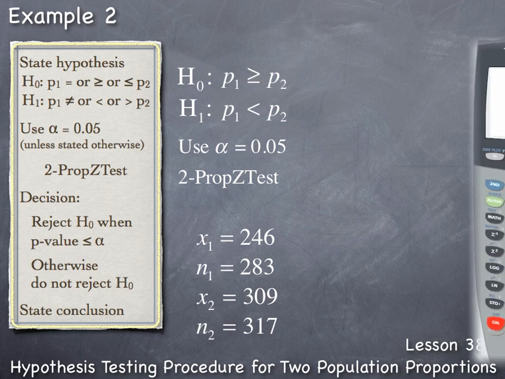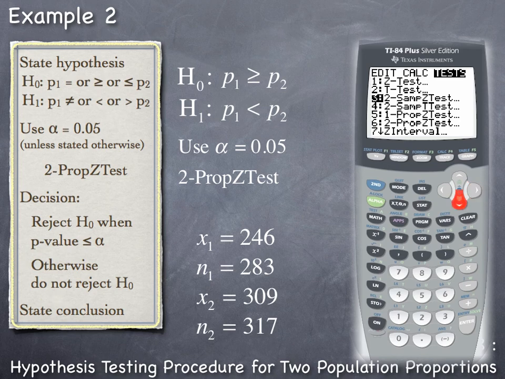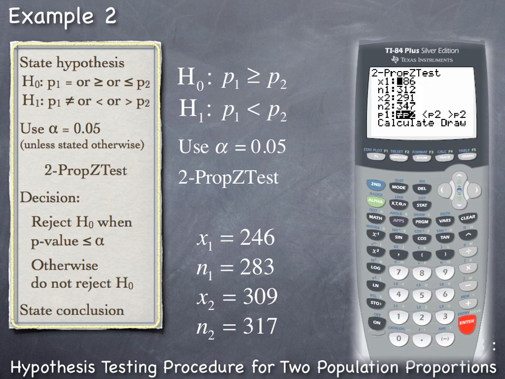To do this, we would press STAT to do statistics, arrow over to TESTS, where our confidence interval and hypothesis test commands are found, and arrow down to 2-PropZTest. Enter, and then enter the data. x1 equals 246. Enter. n1 equals 283.